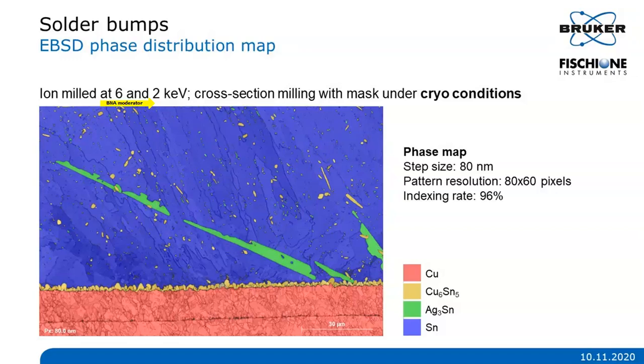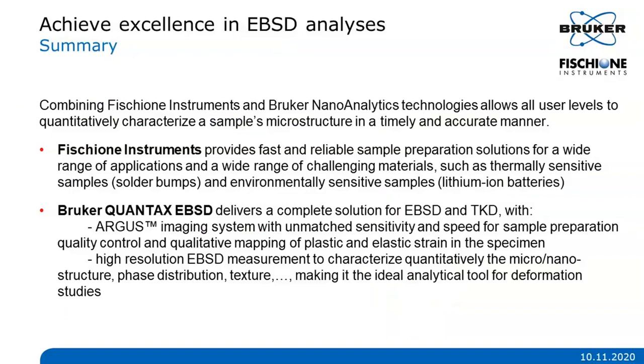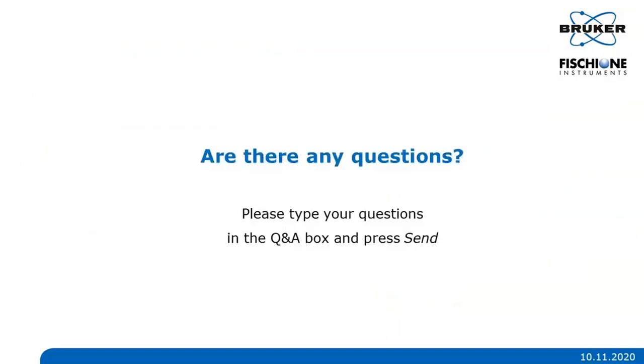At Fischione Instruments, there is a gamut of instruments for TEM sample preparation. They all use an argon beam for sample preparation, and those instruments remove the gallium damage from TEM prepared lamella. That's why we choose argon over gallium: it creates less damage to the material.